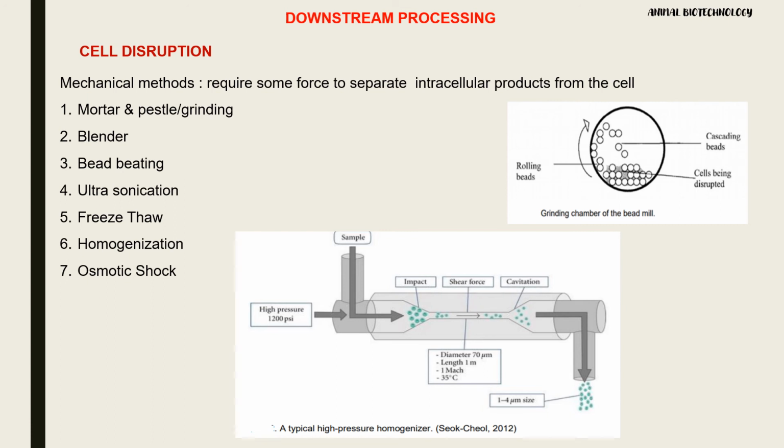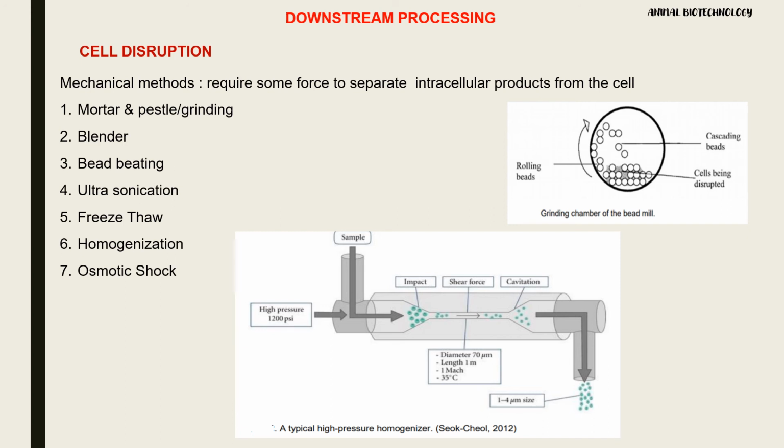Homogenization method. Here, homogenizers are used to create shear force to disrupt the cells. High pressure homogenization (HPH) is mostly used in cell disruption method. In this method, high pressure forces the cells to pass through a narrow channel, as shown in the figure.